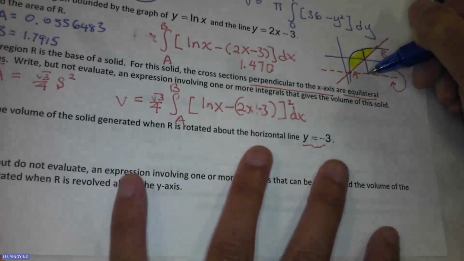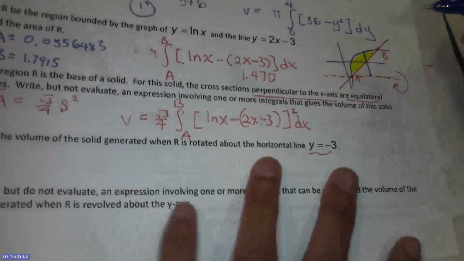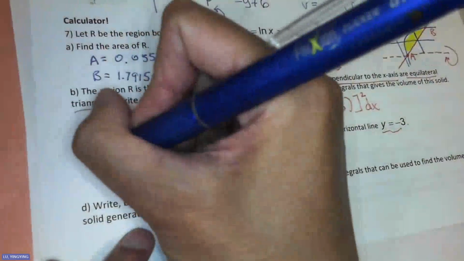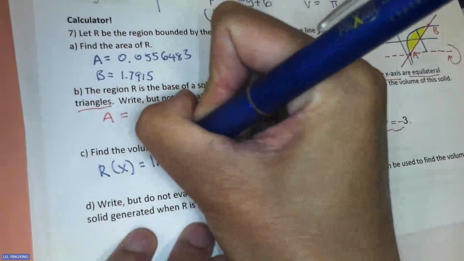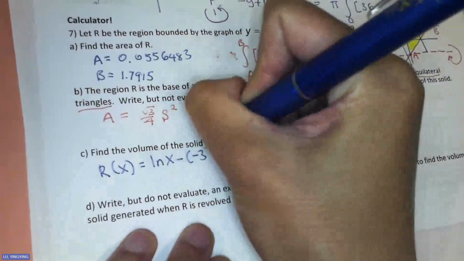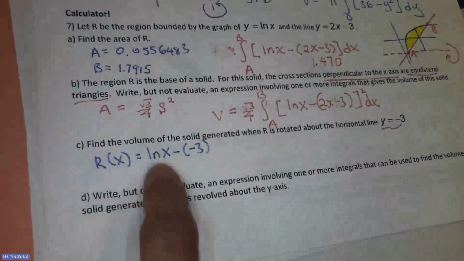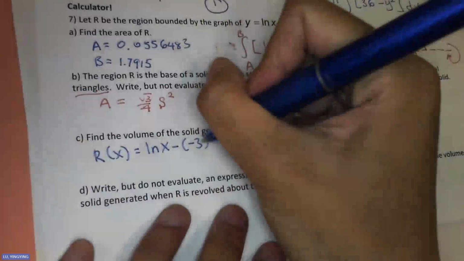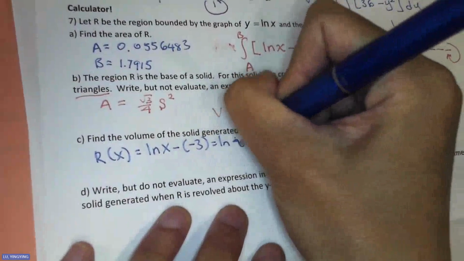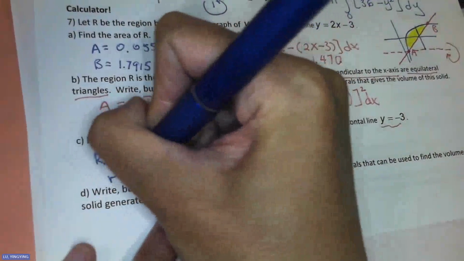How about -3? Oh, yeah. Okay, so big R is natural log of x subtract -3. Are we okay? Top minus bottom. That's why it's not always minus 0 all the time. It depends on whatever the rotation is. So that's natural log of x plus 3. What is small r?